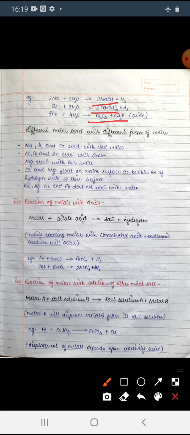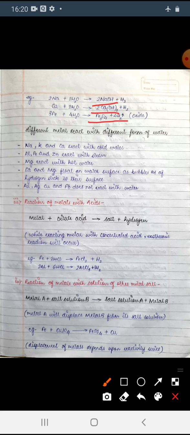Now the third reaction is the reaction of metals with acid. It is the third property: reactions of metals with acid. Here, when metal reacts with dilute acid, it forms salt and hydrogen. Here we are using the term dilute acid. Why dilute acid?